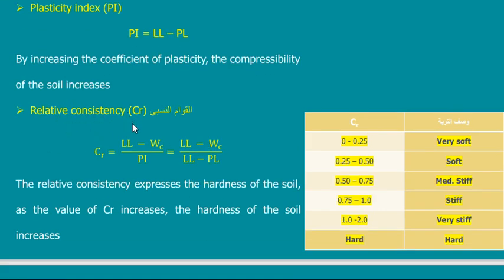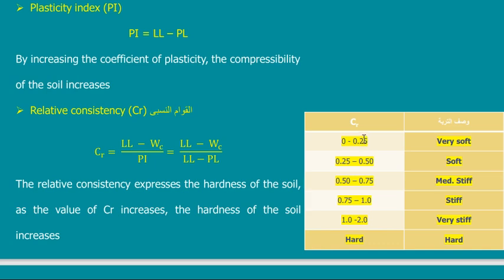Another thing is called relative consistency, and this is the equation of the relative consistency. There is a table, which of course is given in the code, that tells me if I have soil with relative consistency from, say, 0 to 0.25, it means that this soil is very soft.